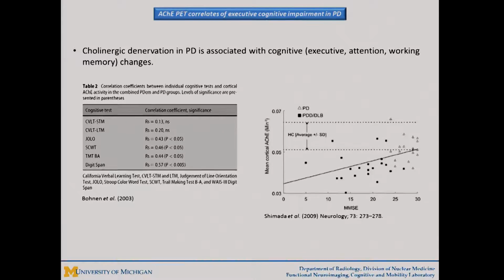However, the degree of cholinergic loss actually does associate with cognitive problems. And I think Dr. Ritter mentioned that as well. If you have cognitive problems, you actually get prescribed cholinergic medications. So we show that here in research as well, that the loss of acetylcholine has to do with cognitive loss.